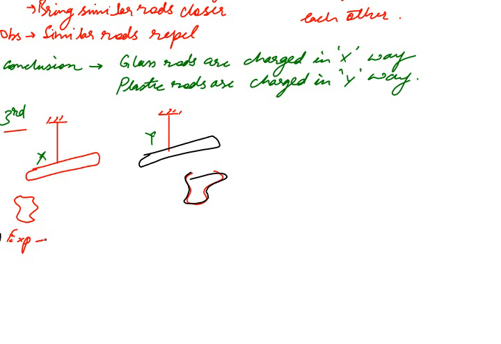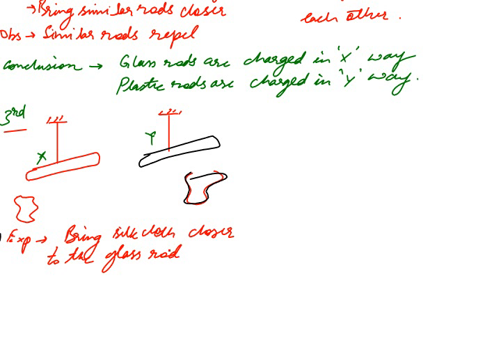So what is the experiment? The experiment is to bring the silk cloth closer to the glass rod, and the same thing, bring the cat's fur closer to the plastic rod.